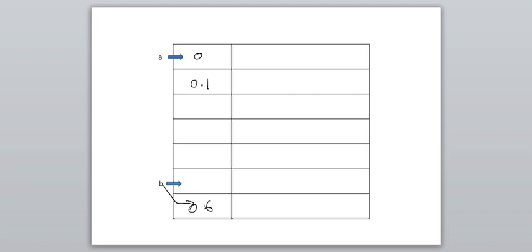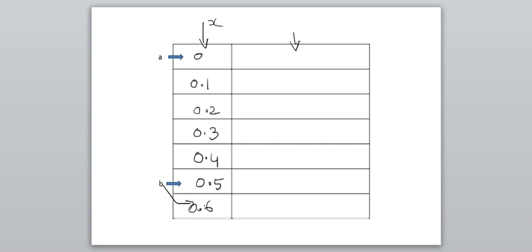Next, once again add the step size h, that is 0.1, to this point. You'll get the next point as 0.2, adding h will give you 0.3, adding h will give you 0.4, adding h will give you 0.5, and the last value we get by adding 0.1 to 0.5, which is 0.6. Now these are the x values.